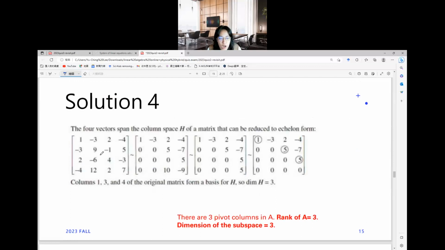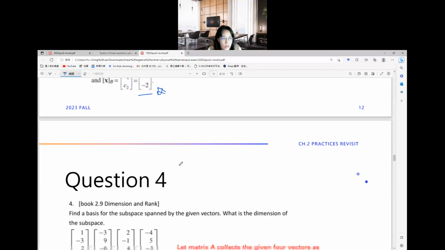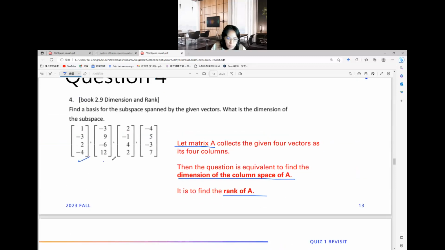So here's the process of Gaussian elimination. We start with this 4x4 matrix because we have these 4 vectors given, and then by collecting them as a matrix A, a 4x4 matrix such that the 4 columns are these 4 vectors.